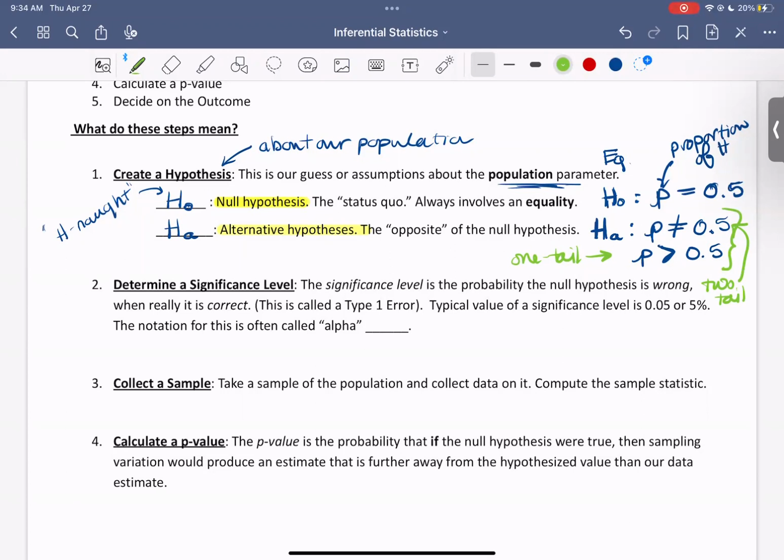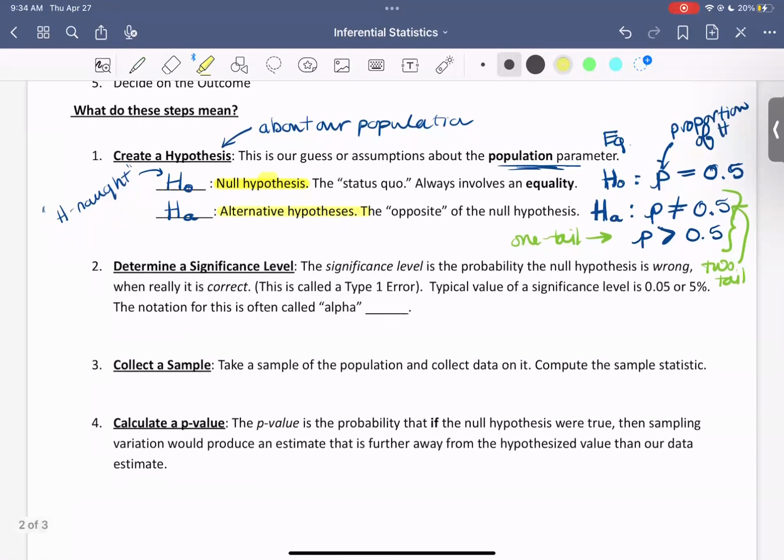All right, so we set up a hypothesis where we have our null hypothesis and alternative. Now we need to determine a significance level. Well, what is a significance level? The significance level is the probability that the null hypothesis is rejected when really it is correct. This is often called a type 1 error, and you'll see more about that in the error video and section as well.